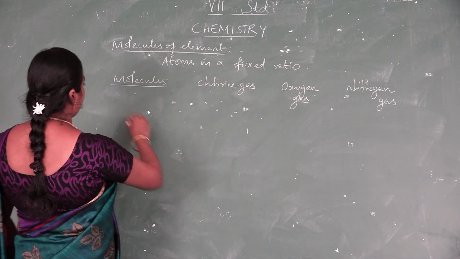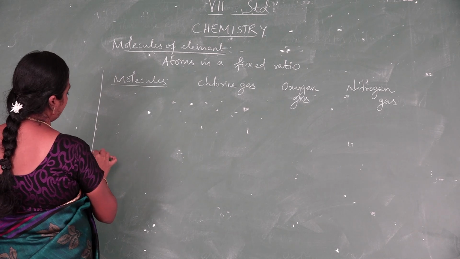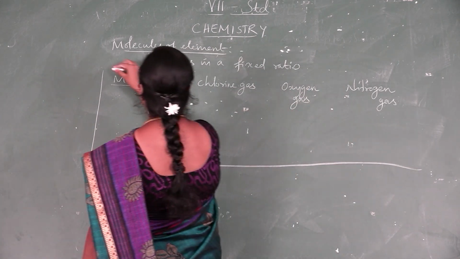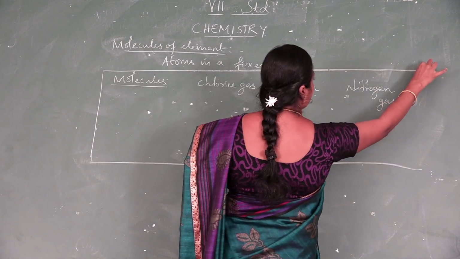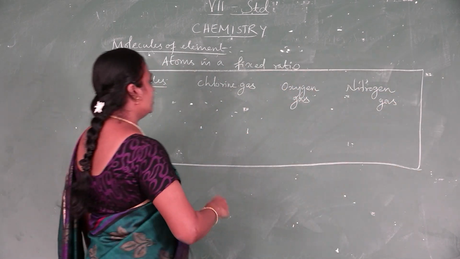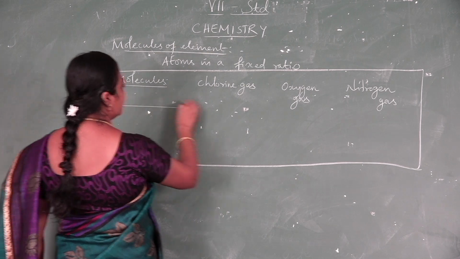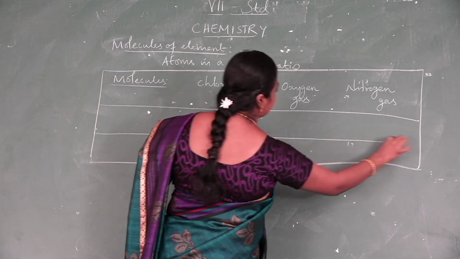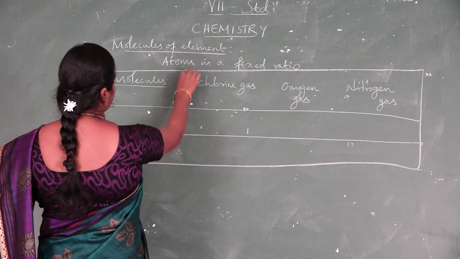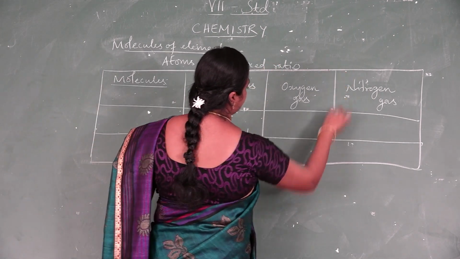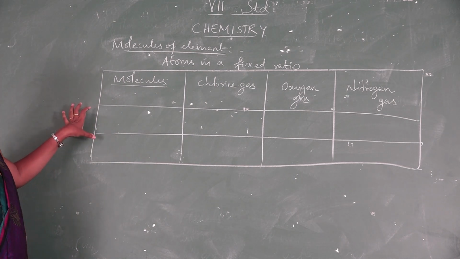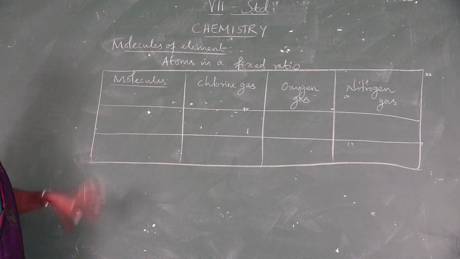So now we are going to see what is a molecular model, and the second one, what is a ball and stick model, that is various types. So first you will take a molecular model, that is how the molecule will be.